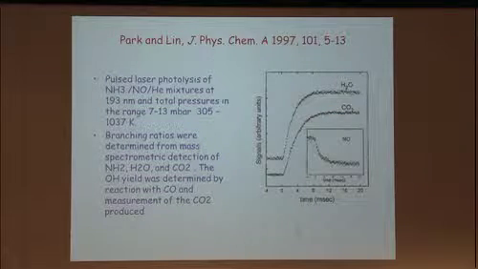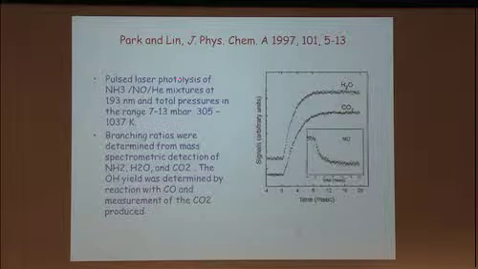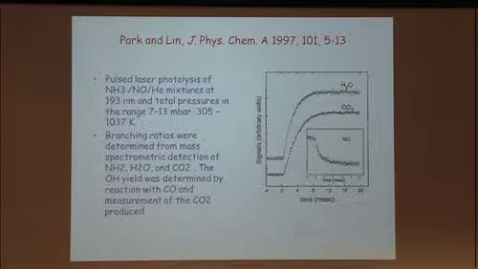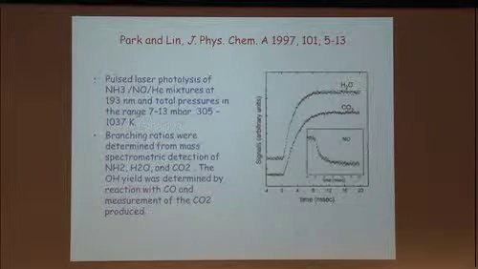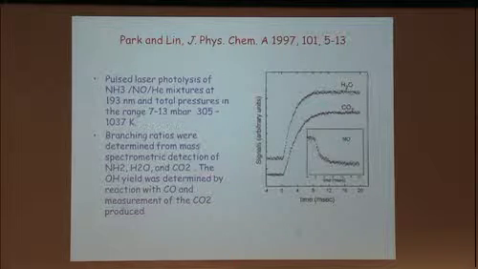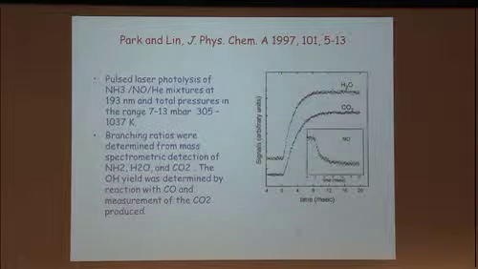So these are experiments which were carried out in M. C. Lin's group, where they used pulse laser photolysis of ammonia, NO, helium mixtures using 193 nanometers. So this is an excimer laser wavelength, and total pressures in this range. And they determined the branching ratios from mass spectrometric detection.